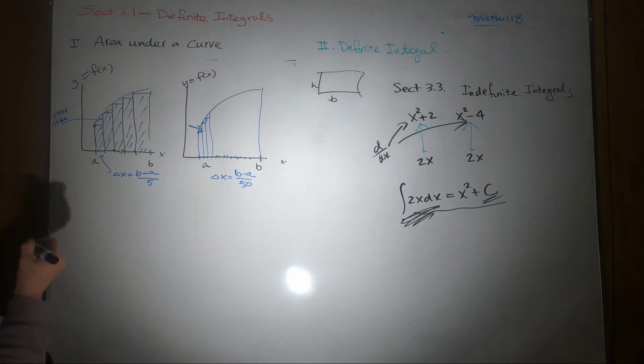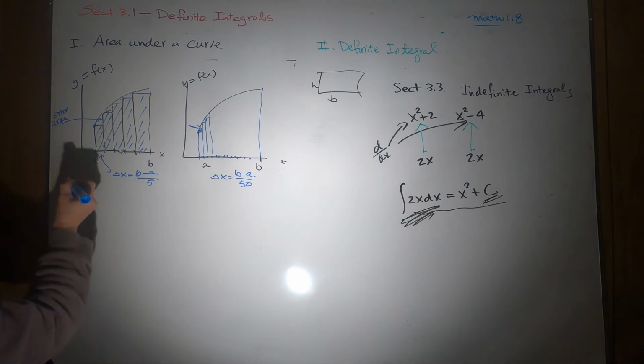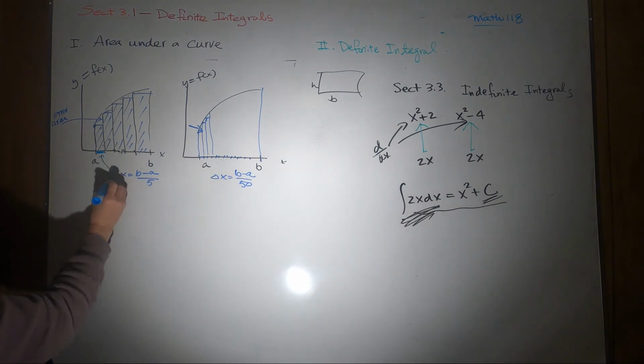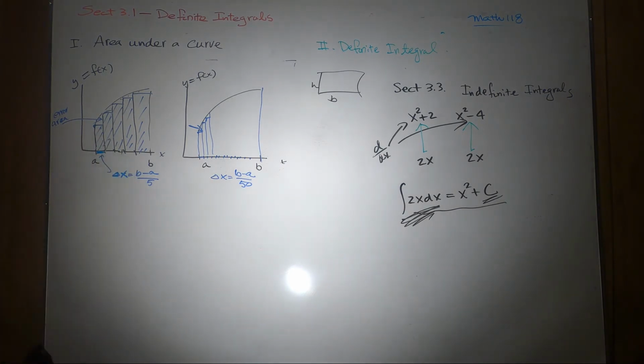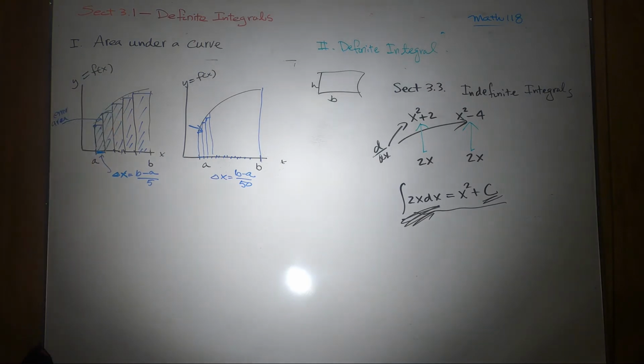So take a look. And this one is what? Base times height. Your base is delta x, right? Your height will be here, right? That's your height, that's your height for each rectangular shape, rectangle, right?